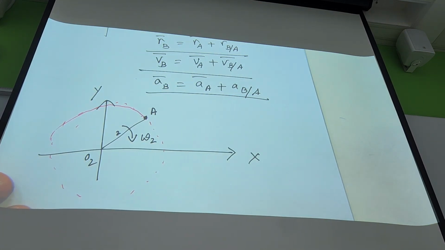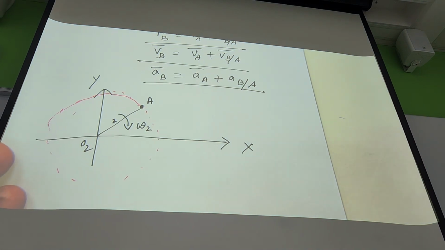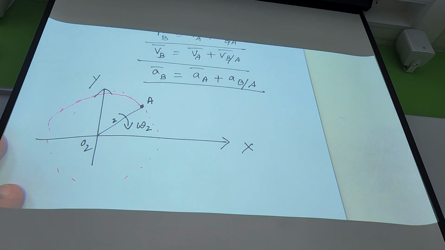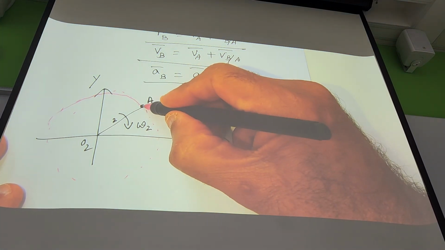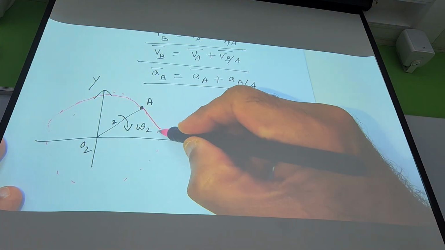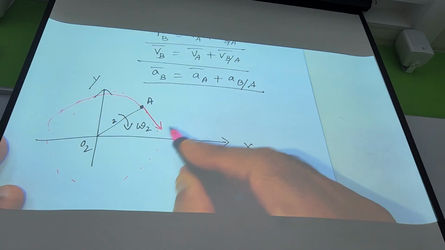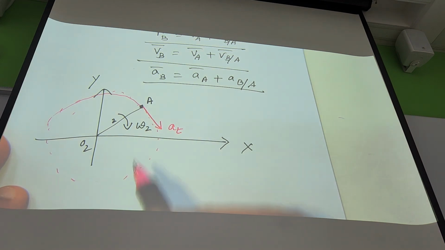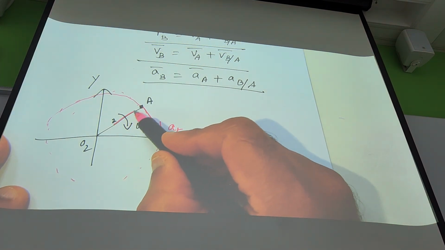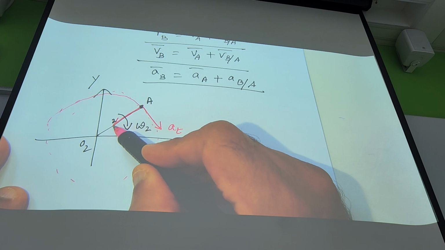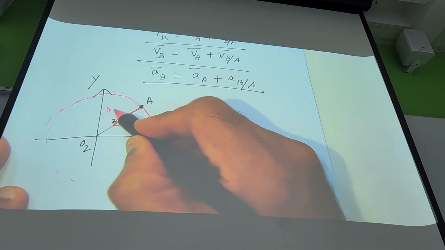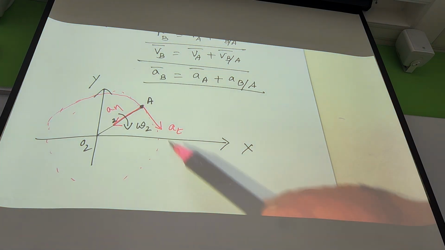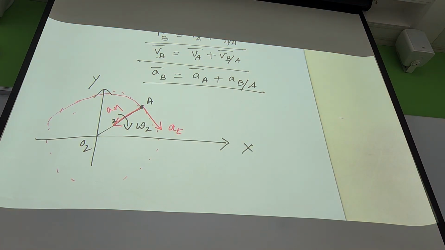If you recall your engineering dynamics, this point will have two components.